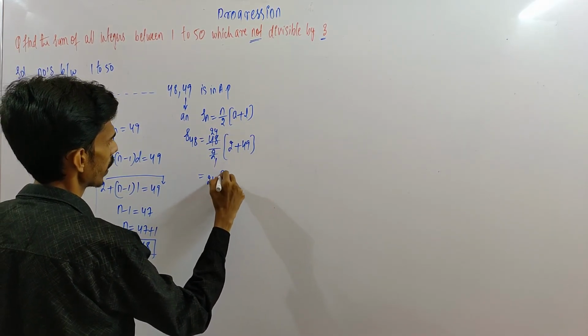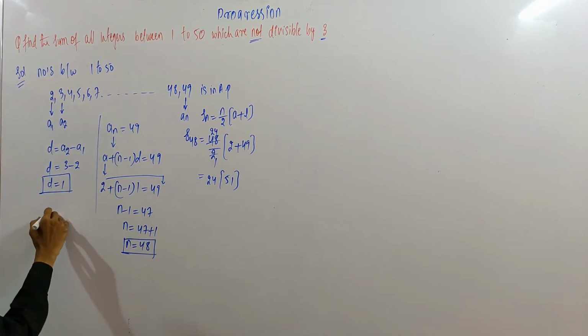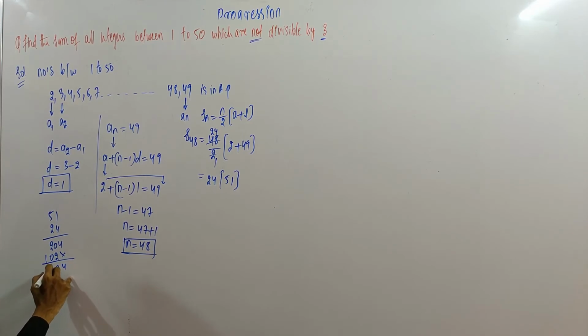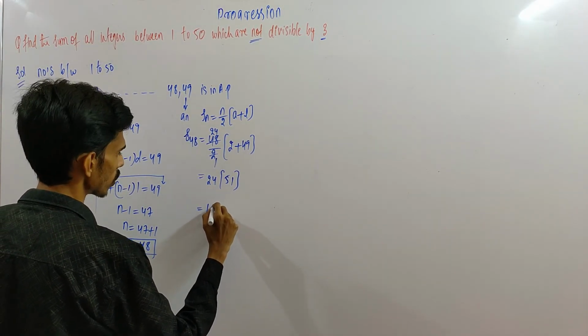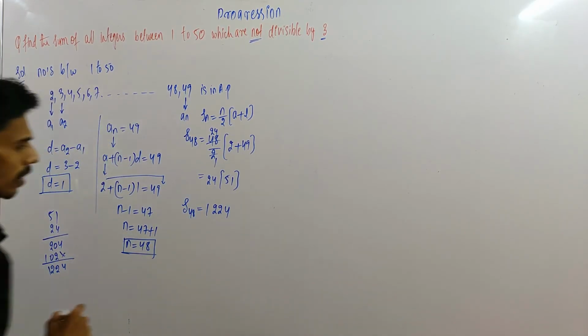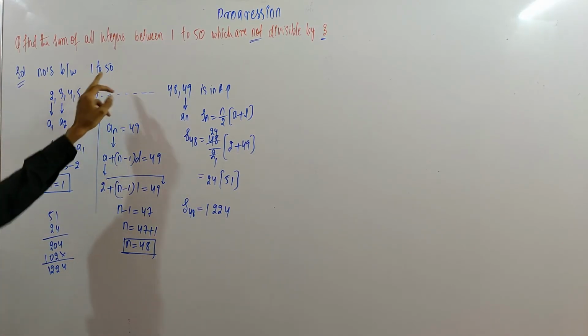So we have 24 into (49 plus 2), 51. Now 24 into 51 is 1224. We got the sum of numbers between 1 and 50.